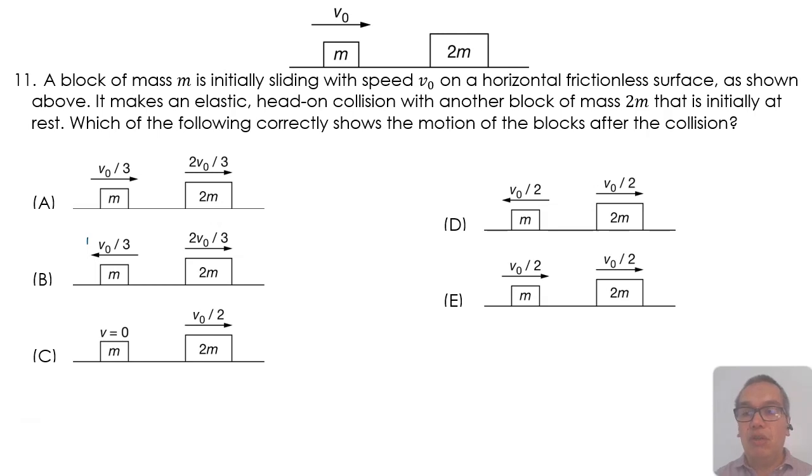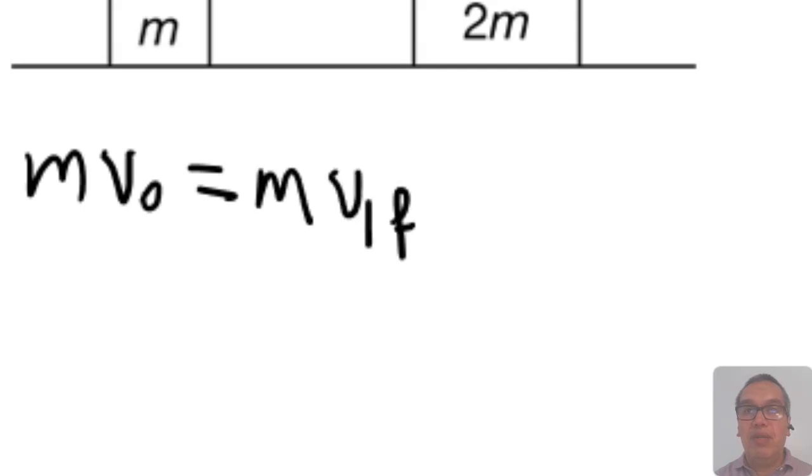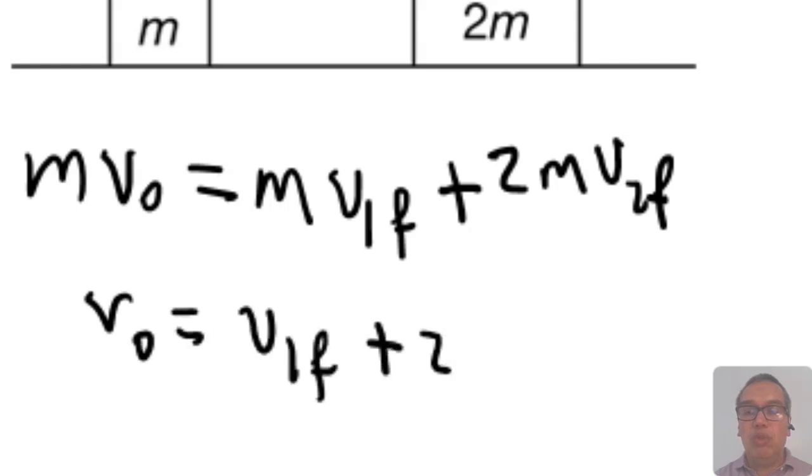From conservation of momentum, we have that m times v0 is equal to m times v1f plus 2m times v2f. So v0 is equal to v1f plus 2 v2f.